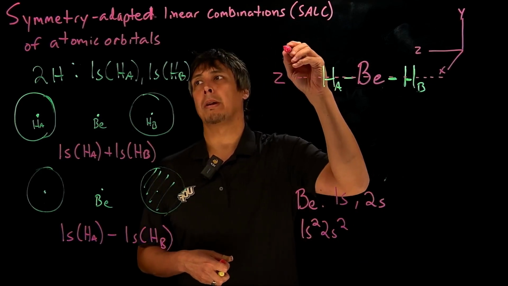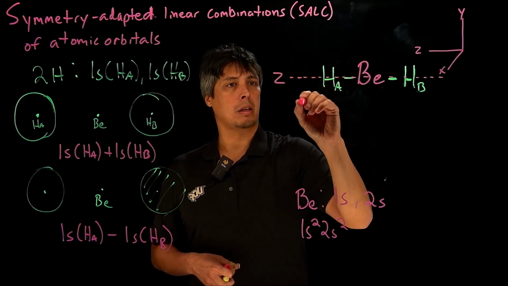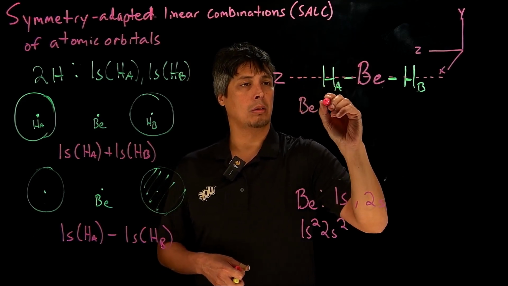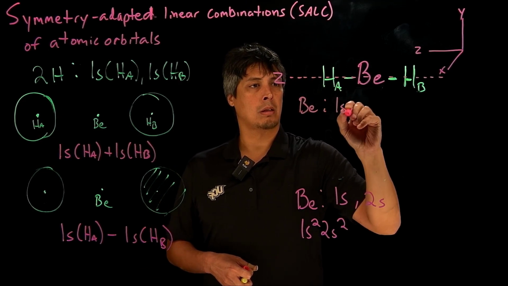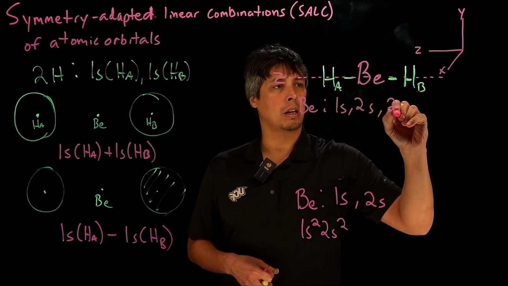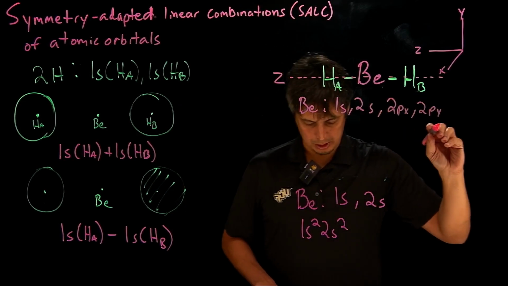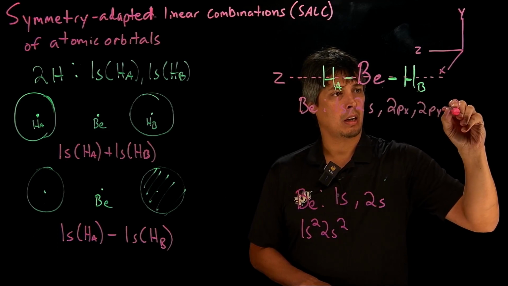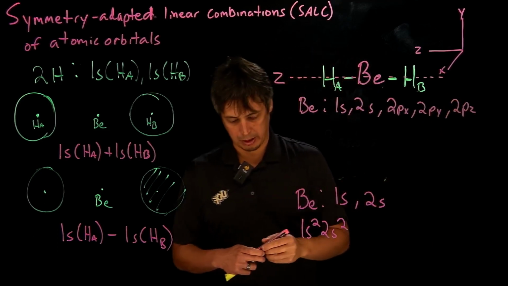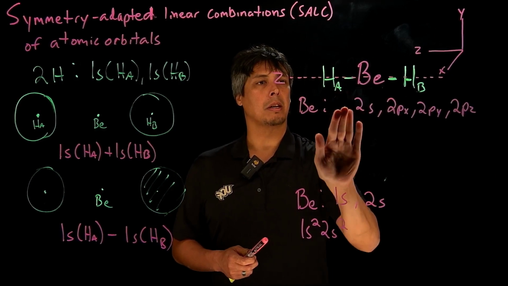So our basis set for the beryllium atom is going to include 1s, 2s, and then the 2px, 2py, and the 2pz. Okay? And actually, we're going to simplify things a little bit here, and we're not going to consider the 1s, so we're going to keep this out of our basis set. Okay?